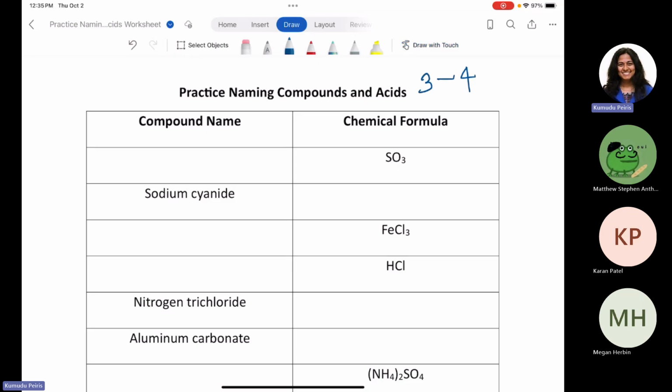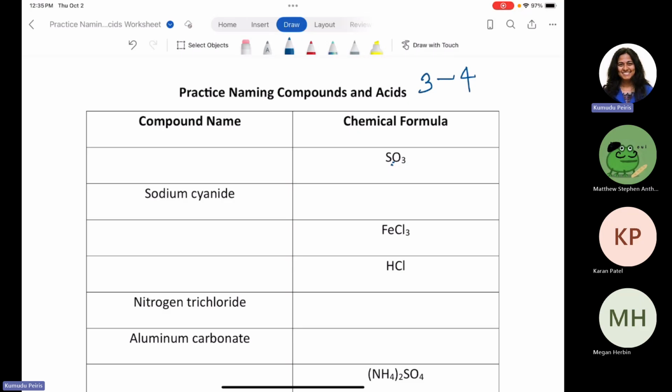And you will be given the periodic table, so you will see the names of those elements. That would be helpful for everybody to find a method to start naming these compounds.